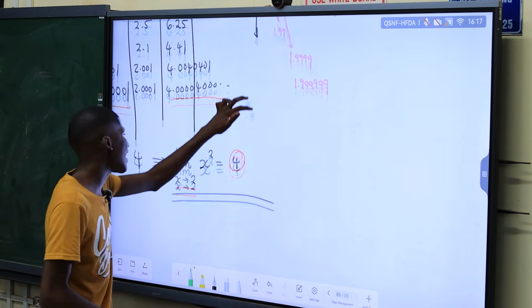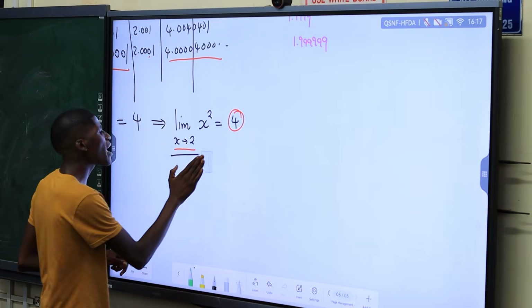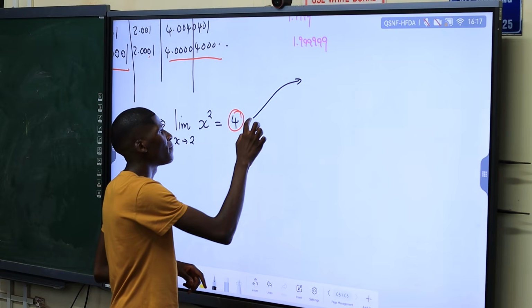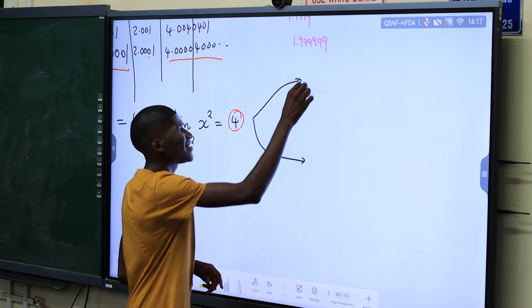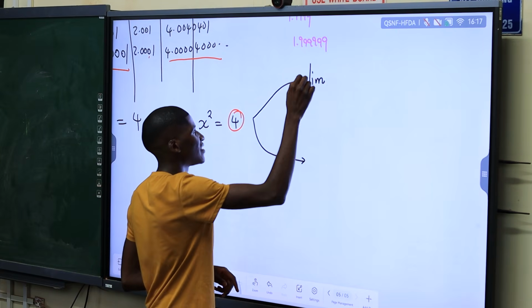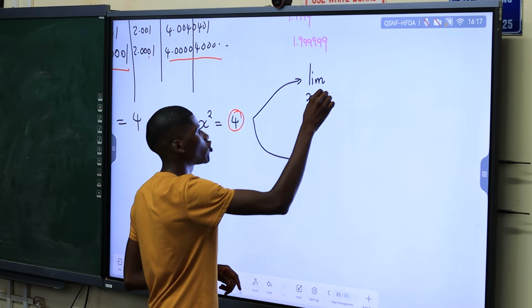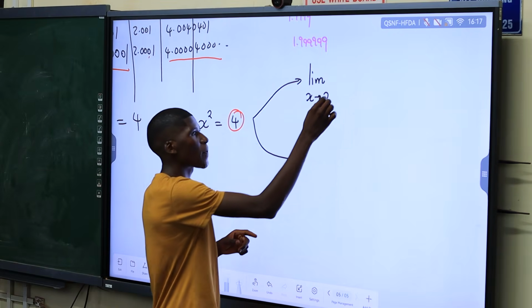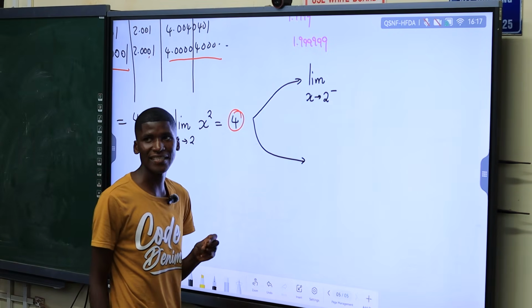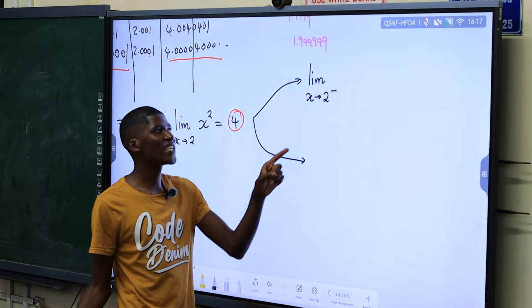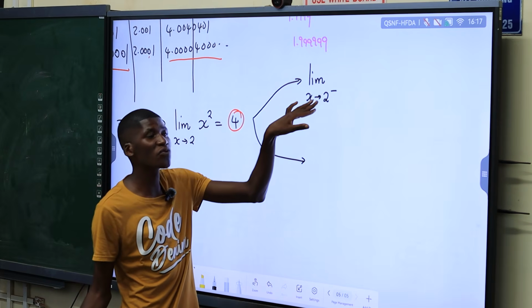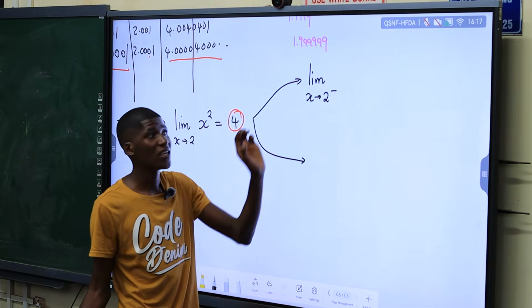So I can write the limit partially, in two parts. Here the limit as x approaches 2, but approaching from the left. If I'm approaching from the left, I will write 2 to the power minus here. It does not mean I raise 2 to the power negative 1. No. It simply means I'm approaching 2 from the left.